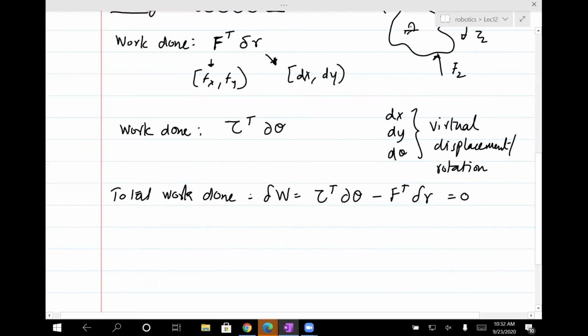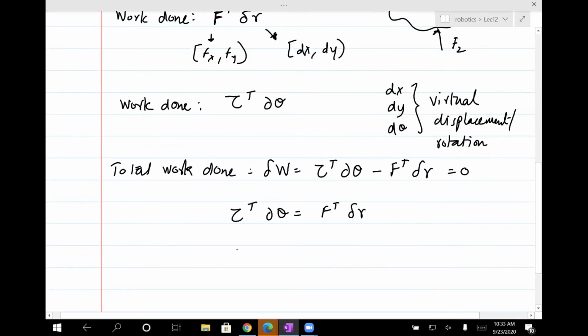So if you take this expression now and write it as torque times d theta equals F transpose dr, let's divide throughout by d theta, so you get torque equals F transpose dr by d theta.